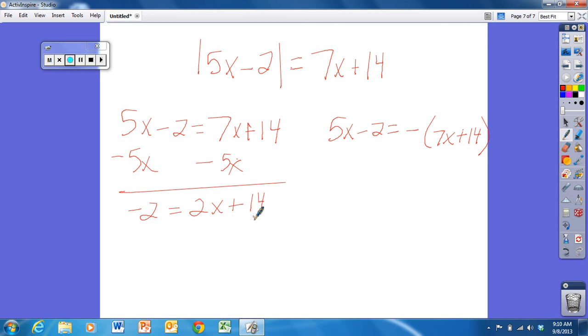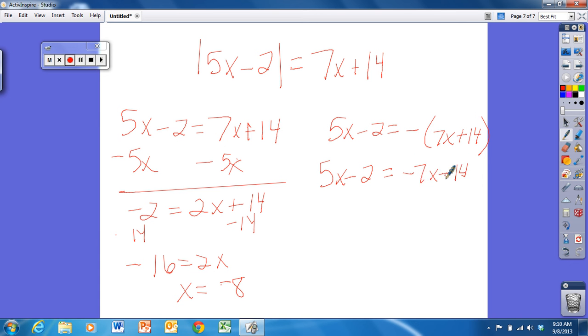Okay, sorry, off track. Minus 14. So now negative 16 equals 2x, x equals negative 8. That's 1. Over here, 5x minus 2 equals negative 7x minus 14.